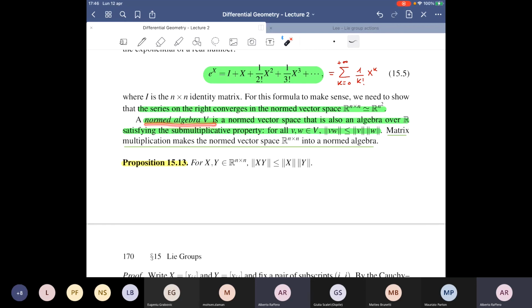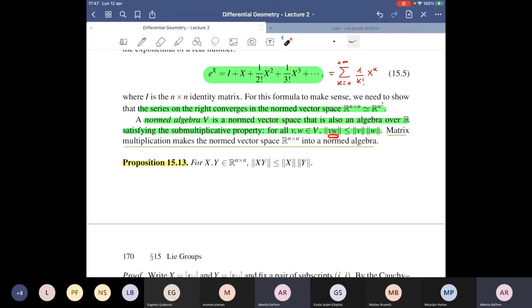It is normed because it satisfies the following requirement. An algebra is a normed algebra if it is a normed vector space whose norm satisfies this inequality here.